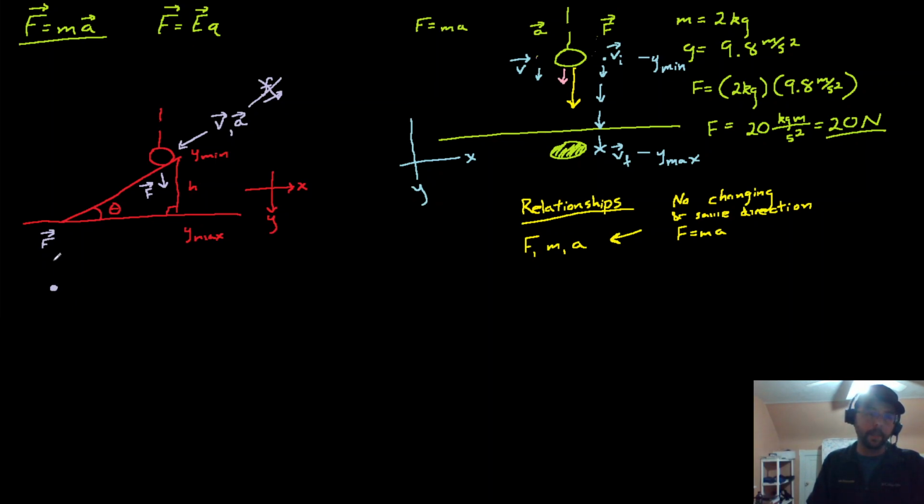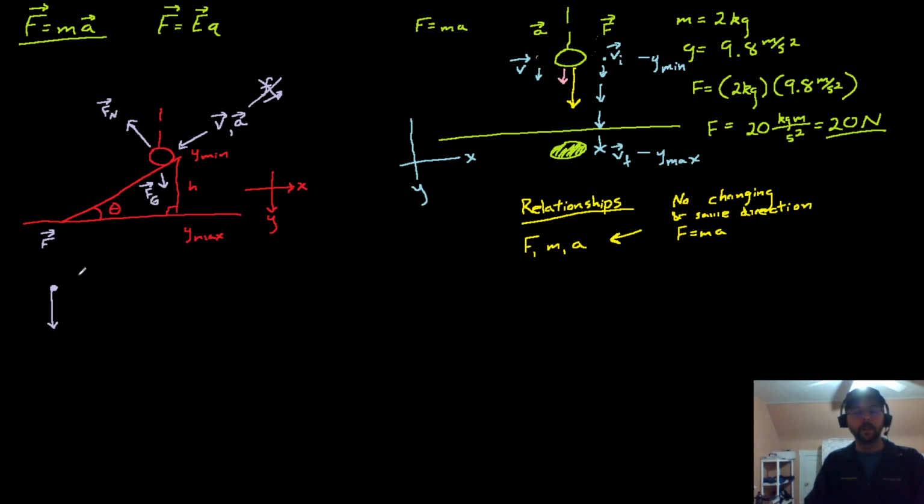So we have a force acting in this direction, and oh yes, we do have another force that I missed. We have the normal force of the ramp. So let's say this is force normal. This is the force of gravity.